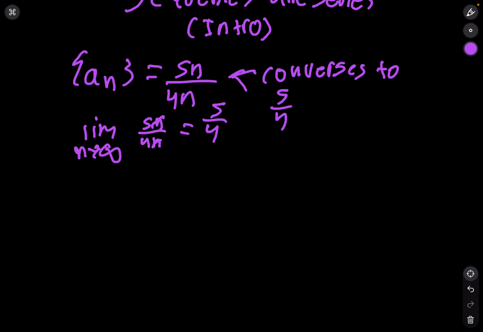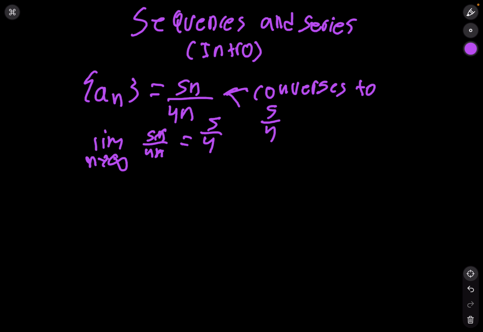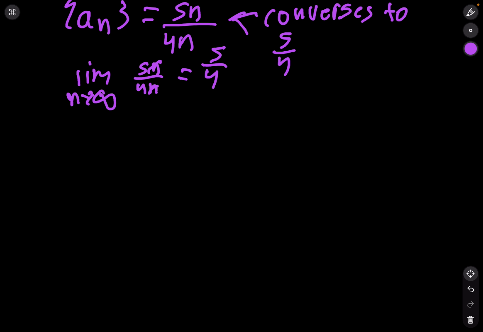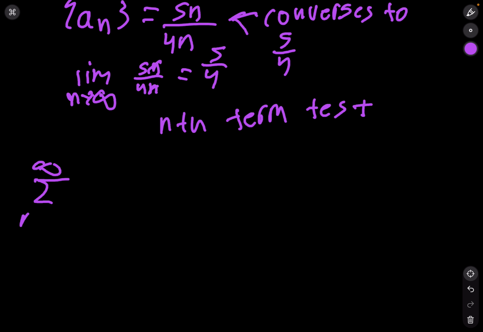Well, here is where we're going to be introduced to our first series test that y'all might have heard already. It's called the nth term test. And this is when we add a series, and usually it goes to infinity, n equals 1, of a sub n of something.